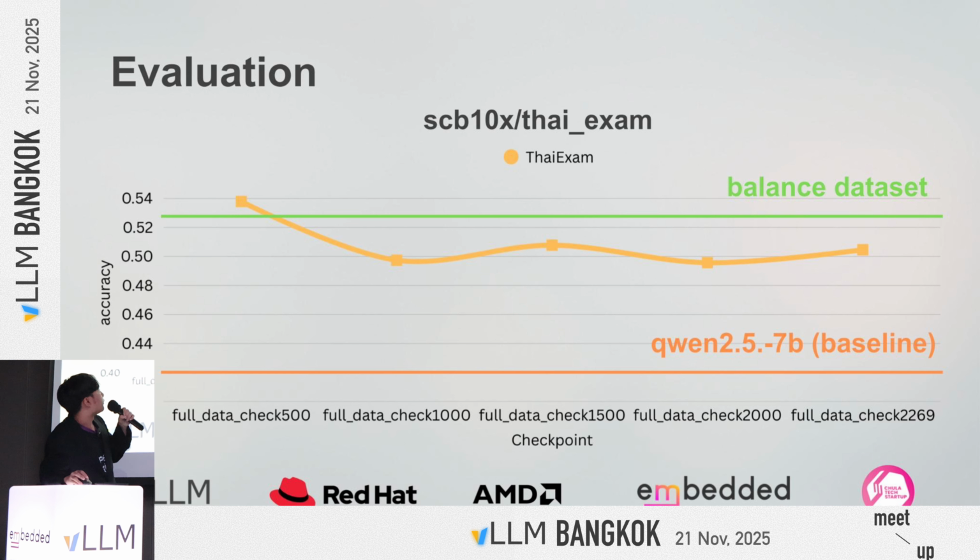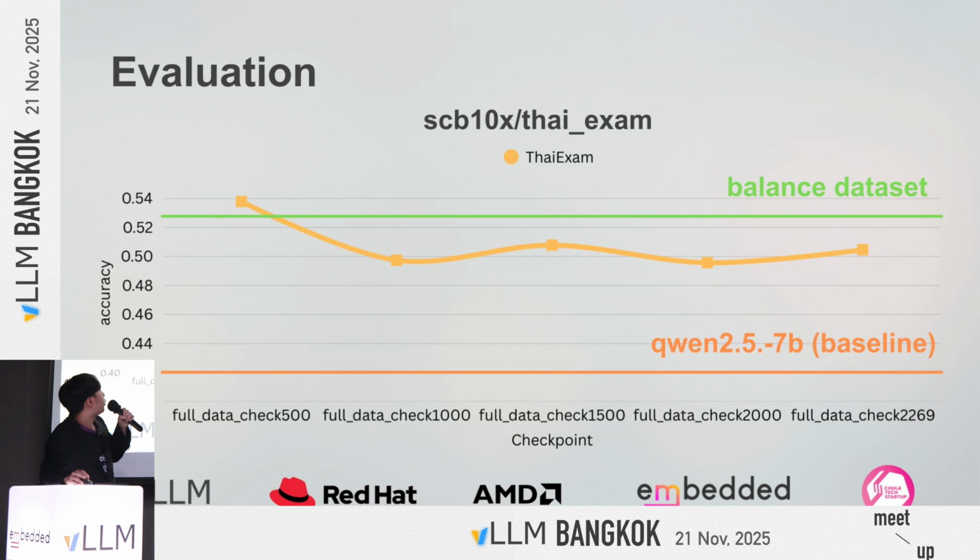The green one is the balanced dataset score, where we use that balanced dataset to train Qwen 2.5, and the orange one is the baseline. As you can see, after we train to checkpoint 1000, there is catastrophic forgetting in the Thai language.